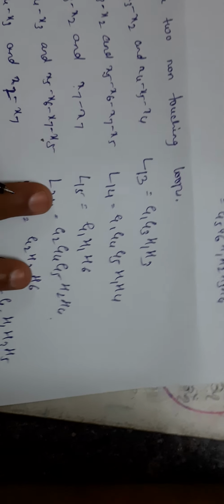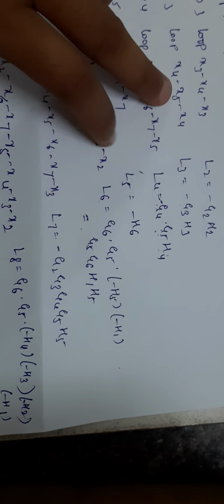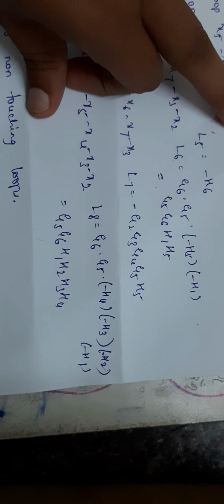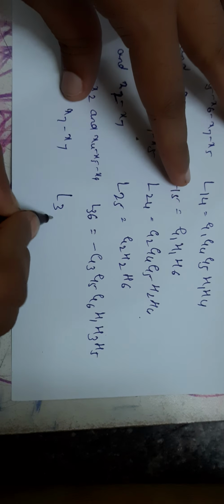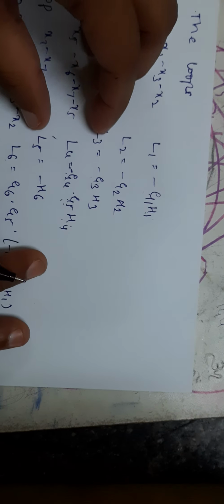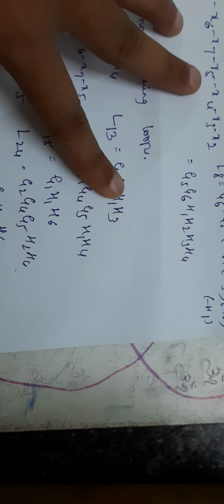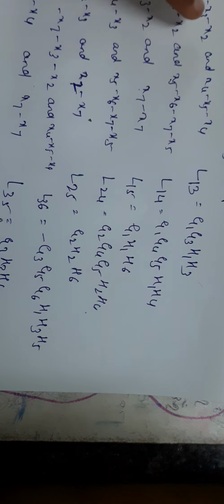So the product, what is that? x4 to x5, x4 to L3 and x7 to x7 is L5, L3, 5. So the product of 3 and 5 is G3, H3, H6, minus into minus is plus. So G3, H3, H6. Okay, this is two non-touching loops.